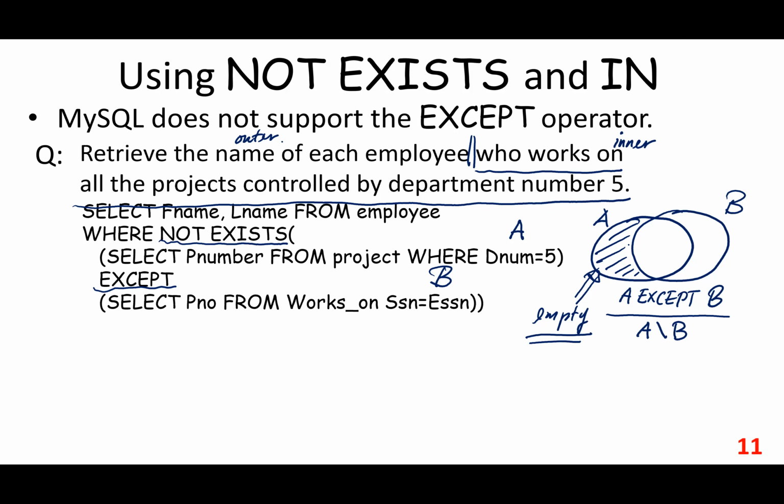After the removal, it's empty. So the logic is this employee works on all the projects controlled by department 5. Still very tricky.